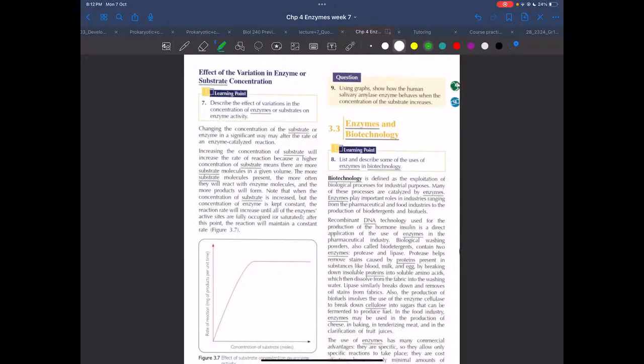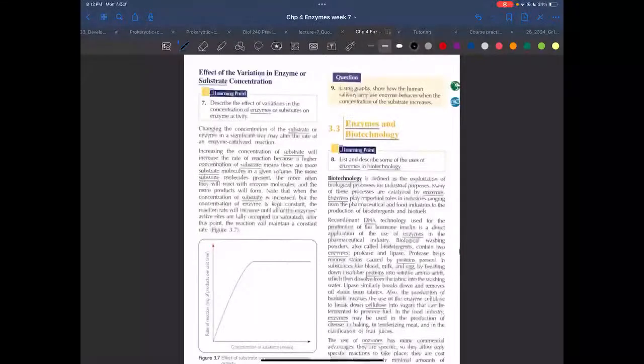Okay, we're nearly done. We spoke about temperature and pH and how they affect enzymes, and now the concentration of enzymes and the concentration of substrates. Now, what do you expect? If I increase the concentration of substrates, what will happen to my reaction?